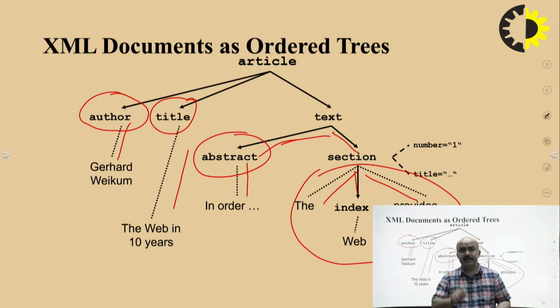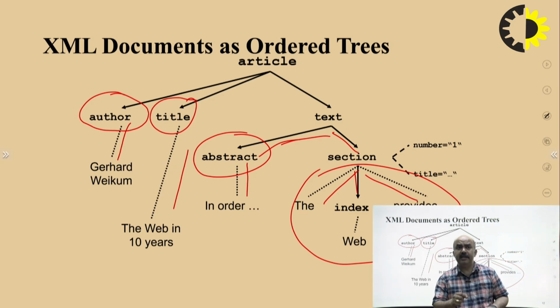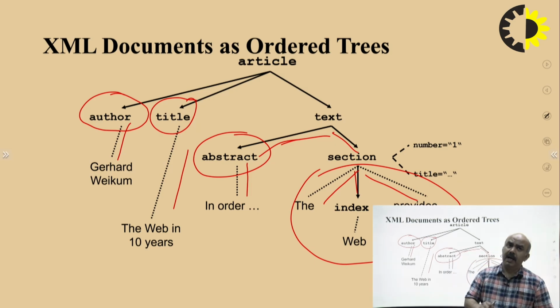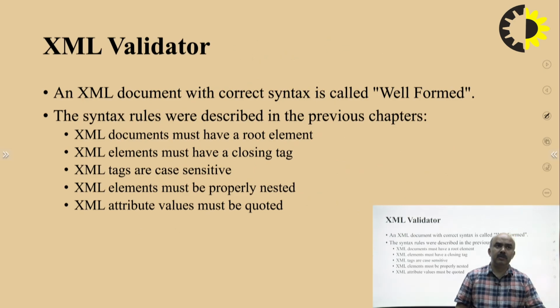As opening and closing tags are necessary for parsing, if there is any error, then this document would not be parsed by your systems. So for that we need validators.